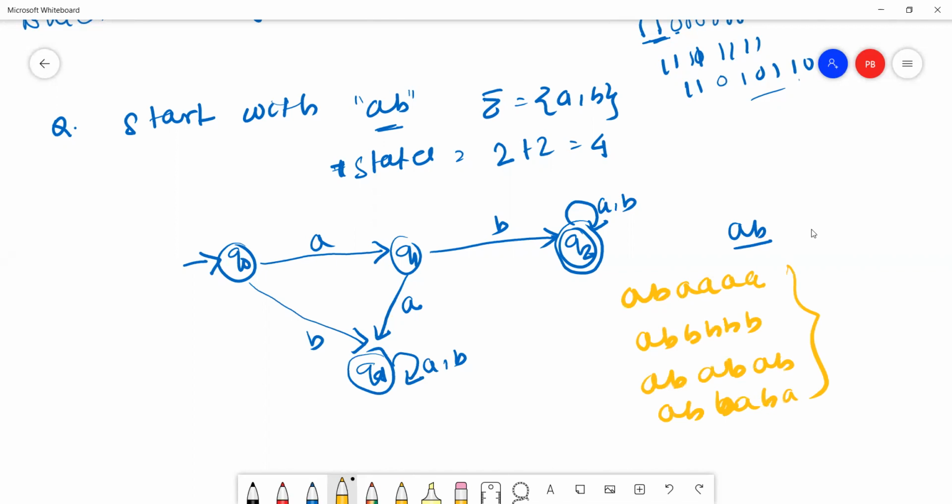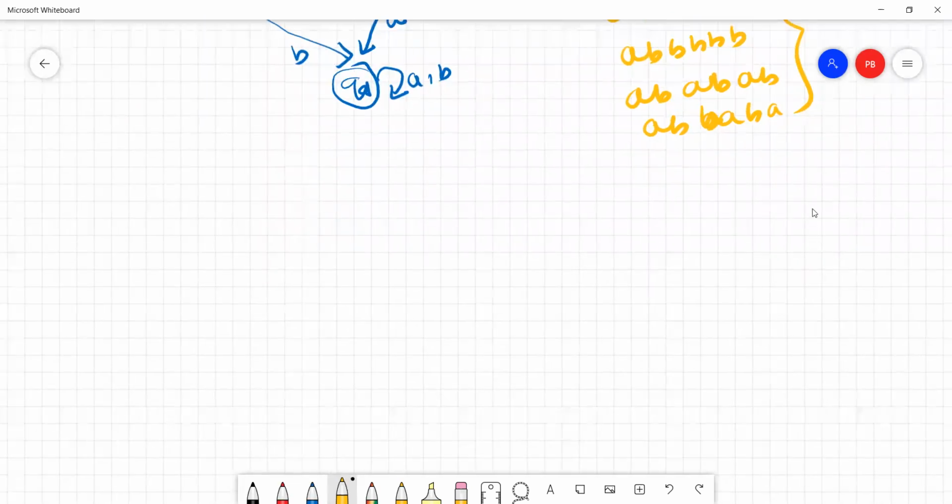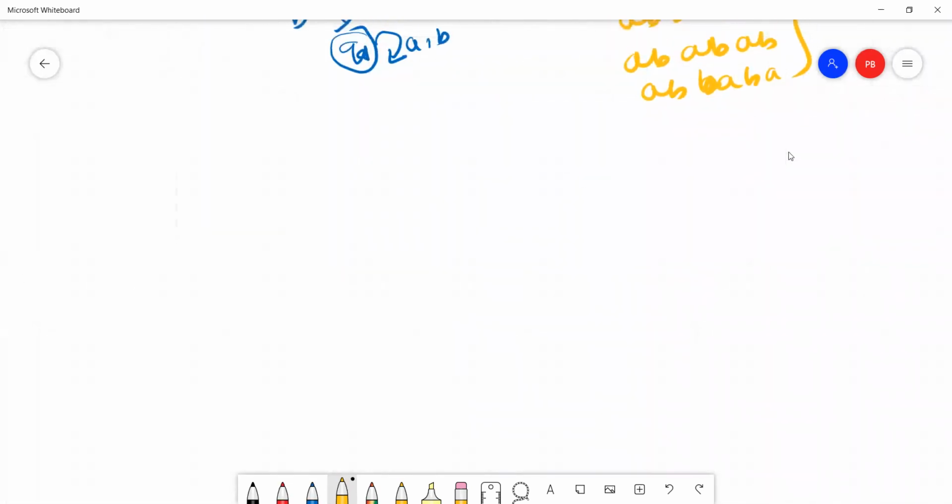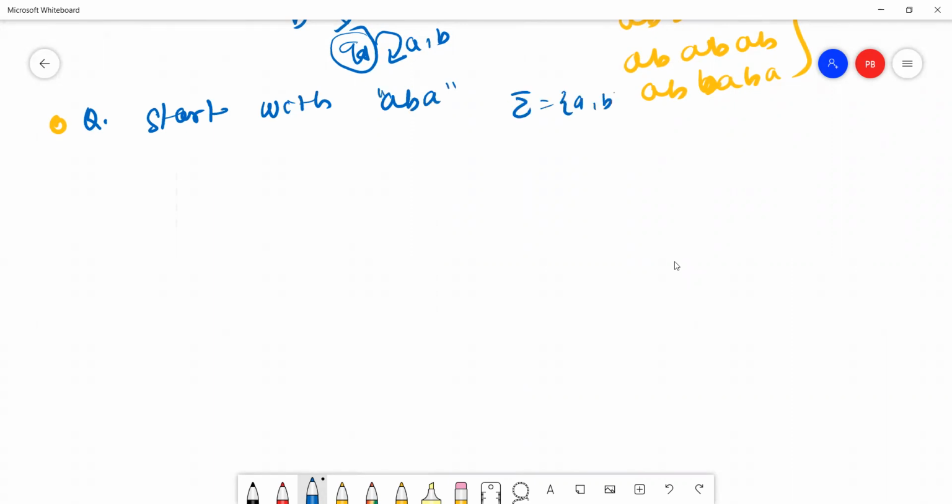Now we'll see one more example on strings that start with some string. The next question: start with ABA over the input alphabet {A, B}.